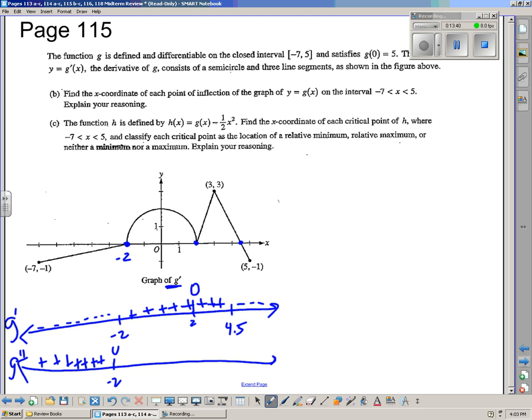So at -2, our slope is undefined, but positive till we get to 0. Then negative as we pass 0 to 2. Undefined at 2 because we have a corner. Then positive till we get to 3. Tiny little interval. And then negative till 5.